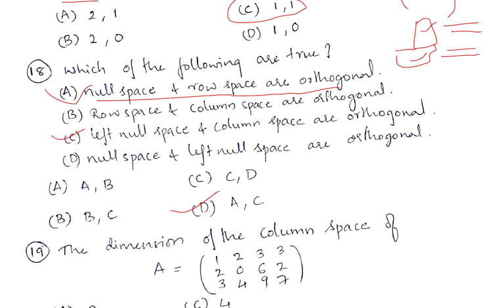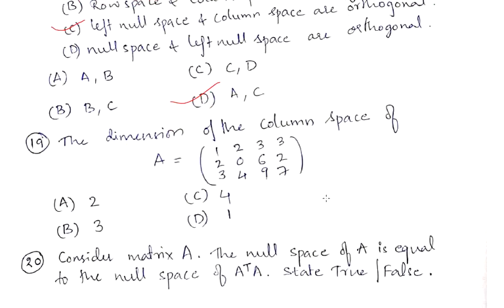Okay, 19th one. The dimension of the column space is, if you remember, to find the dimension of column space we need to find the basis of the vectors of matrix A. So basis means it is the unique spanning set of the matrix A. See, if you see this 3 6 9, it is the scalar multiplication, three times the first column, and 3 2 7 is the addition of these two columns.